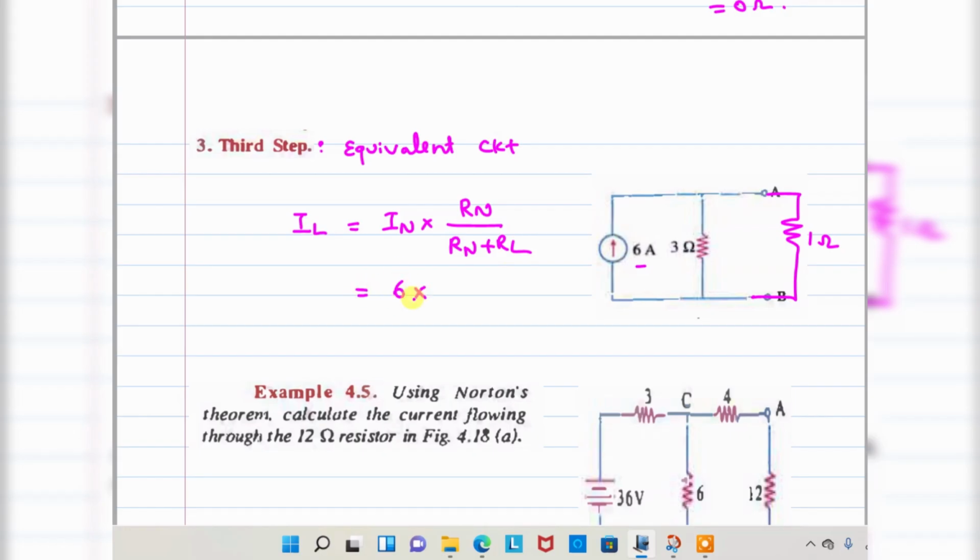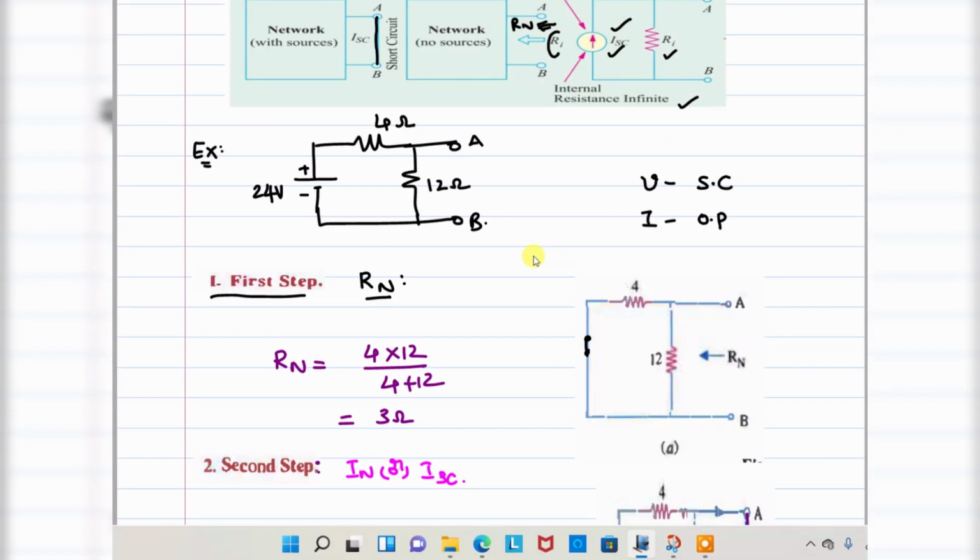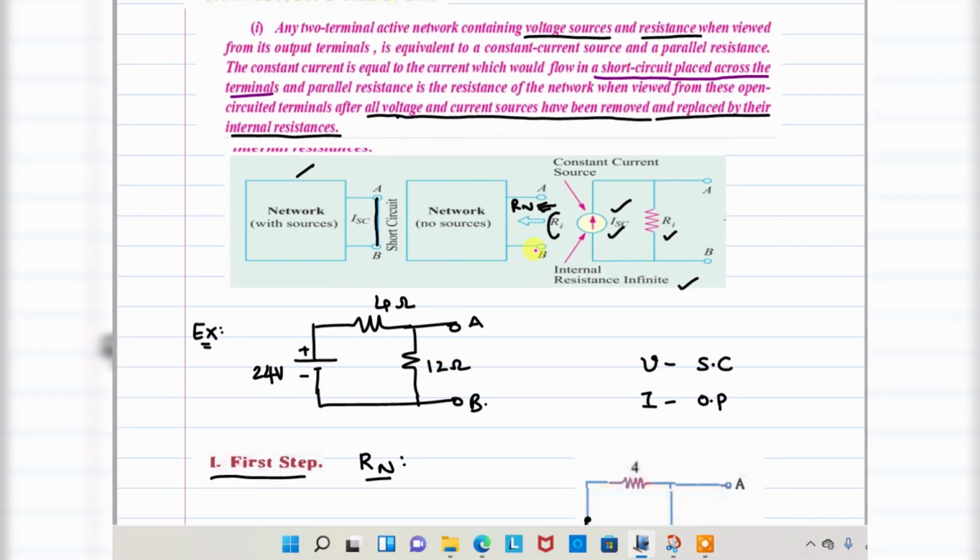That is 6 into RN value, 3 ohms, divided by RN plus RL, that is 3 plus 1, that is 4. 3 times 6 by 4, that is 9 by 2 amperes, equal to 4.5 amperes. That is the load current. This is the procedure to find the load current using Norton's theorem.